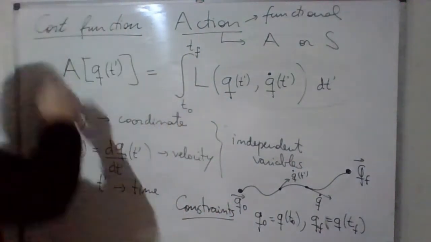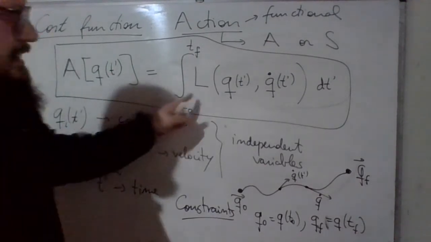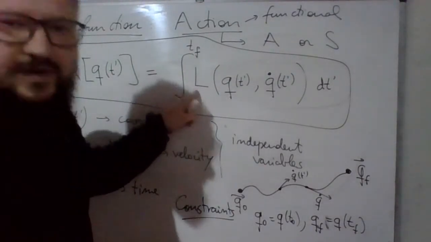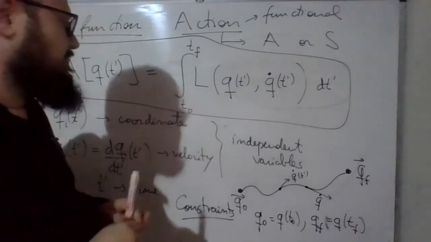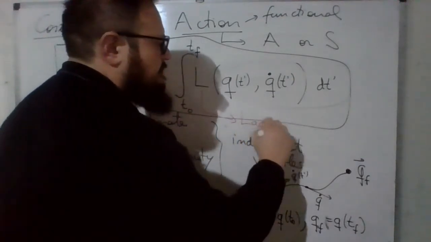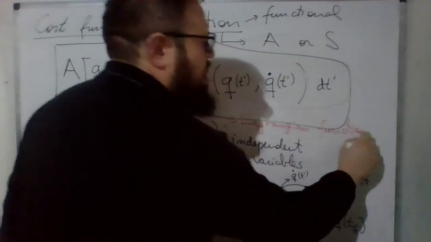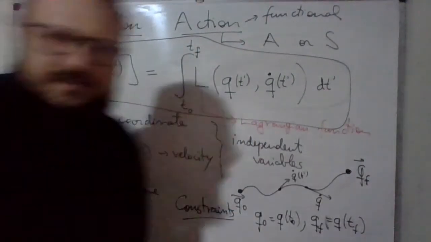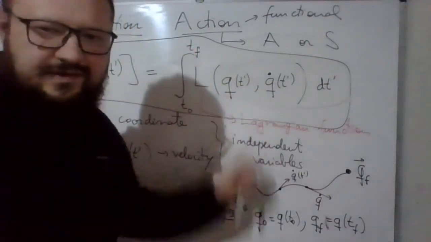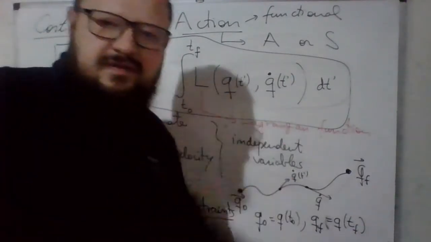Okay. So the action acts as a cost function. All right. The action is your cost function. This L here, this function, I mentioned that, but it's worth writing here. This is called the Lagrangian function. It is a classical function in this problem. All right, it's a classical function which depends on the coordinates and the velocities.